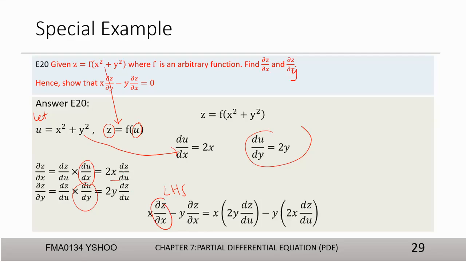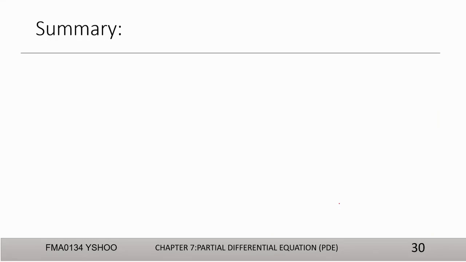So del z del x is 2x dz du, and del z del y is 2y dz du. So we have x times 2y dz du minus y times 2x dz du. If you expand, this equals 0.